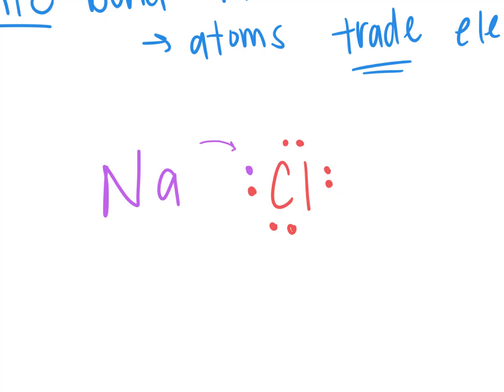What kind of charge did that leave sodium with? Plus. A plus charge, right? It gave away its electron. So now it's short an electron, which means sodium has a +1 charge. And if chlorine took on an extra electron, what is its charge? -1. And what happens when a positive and negative are by each other?